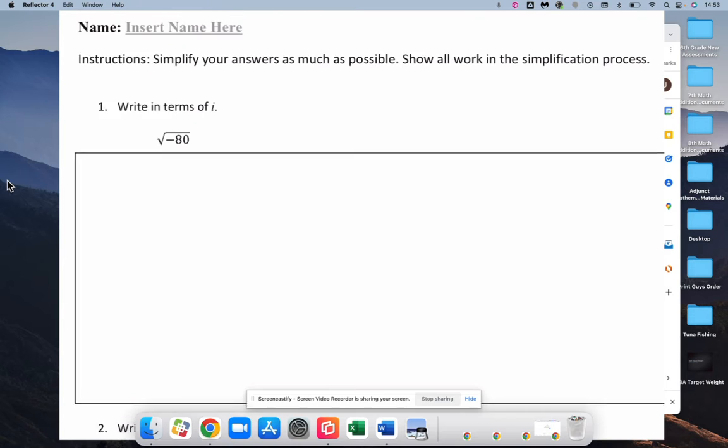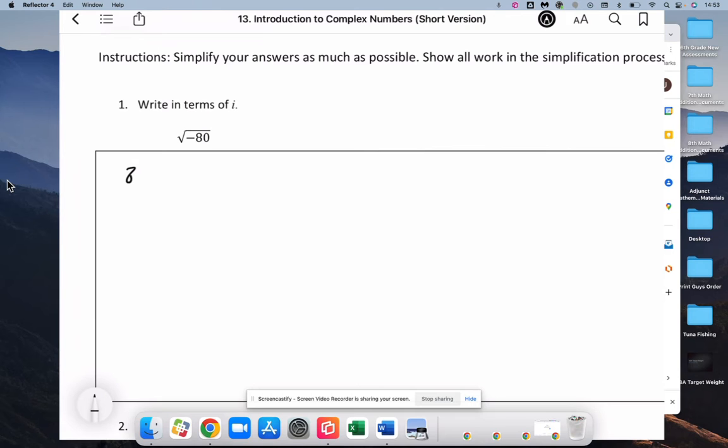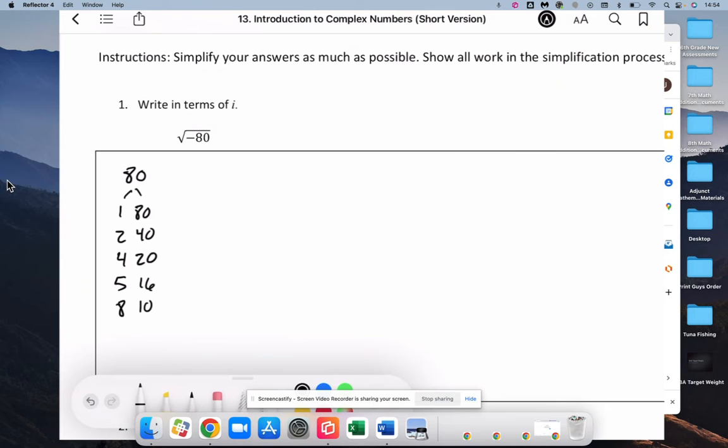And so let's go ahead and do that. 80 has factors 1 and 80, 2 and 40, 4 and 20. 5 goes in there 16 times. 6, no. 7, no. 8 and 10. And that's going to be it. So we will look for the largest number there that has a perfect square root, and it is 16.